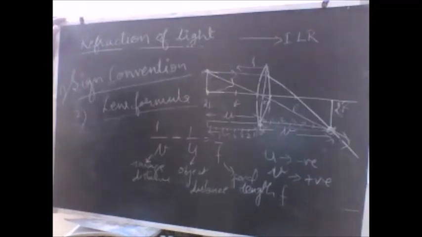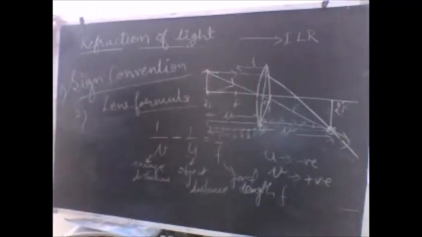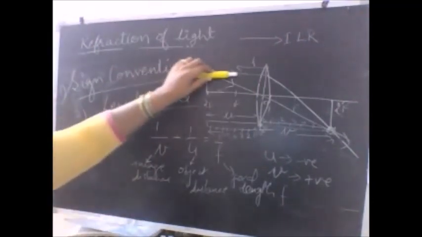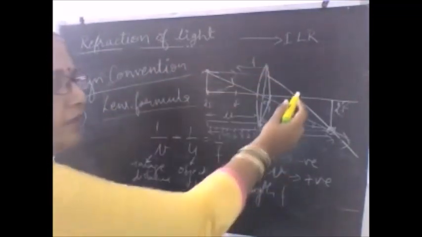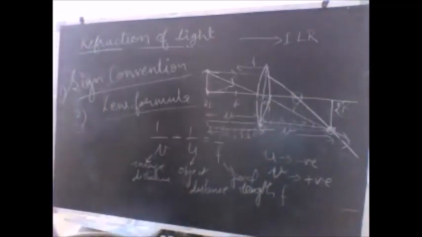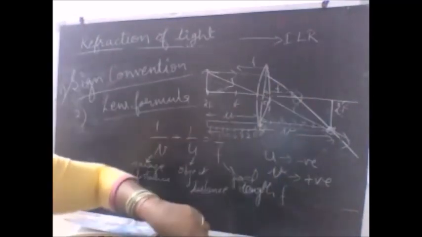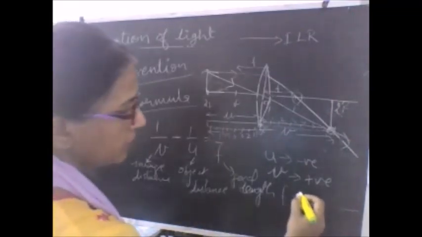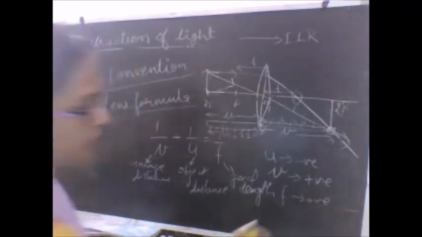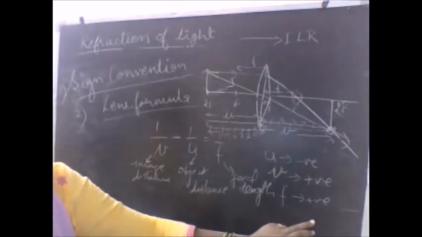Since it is a converging lens and I am taking the incident light ray in this direction, the light rays are going to meet at the focus. So obviously this is my focus, which is active in the ray diagram. I have to measure the focal length from this optical center to this point. Therefore the focal length of a converging lens is always positive.